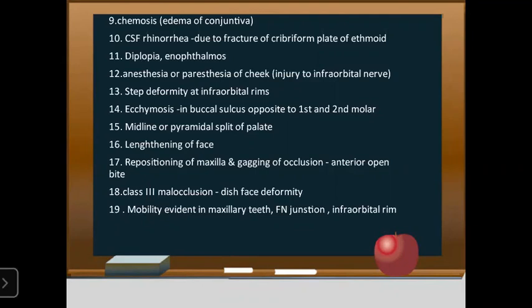Diplopia, which is the double vision. Enophthalmos, it is the posterior displacement of eyeball due to changes in the volume of orbit.